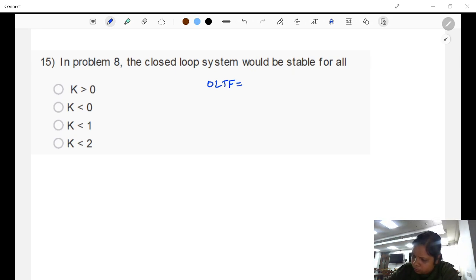Just let me see once more. K into s plus 1 upon s cube plus 2s square plus 2s, right? So what was your closed loop transfer function?